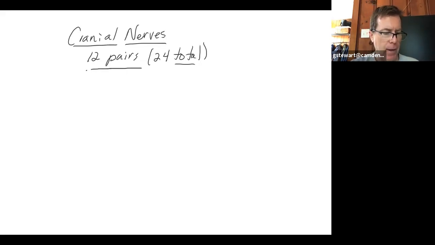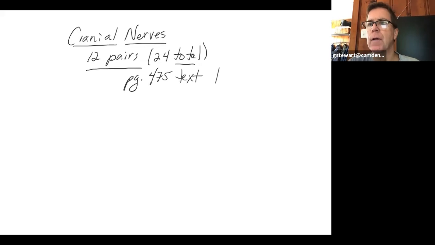I'm going to write this now, page 475 in the text. That just gives a short list of all 12 and their basic functions. That's what you should focus on in your studies, okay?